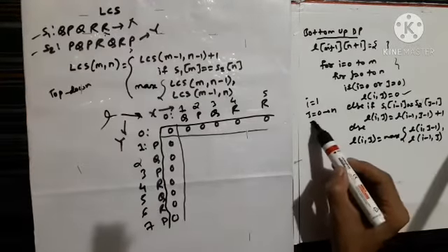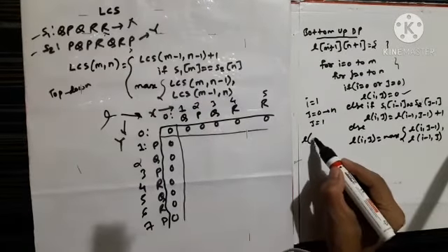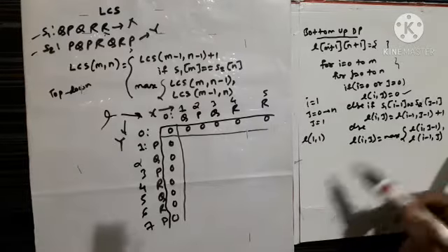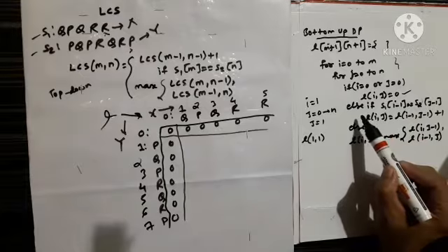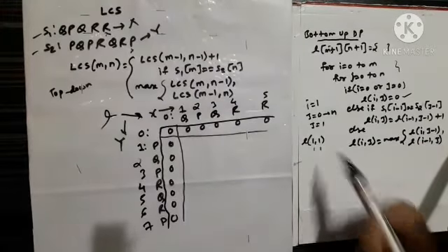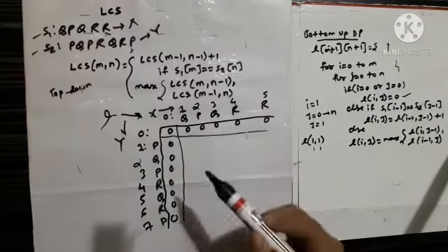Now for j equal to 1, I have to calculate L[1][1]. Now it will not hit this first condition, it will hit one of the other conditions. Let's see which one. For L[1][1], I am checking the characters: i minus 1 means 0 and j minus 1 means 0, so check 0, 0. At 0, 0 there is no element, so they are not equal.